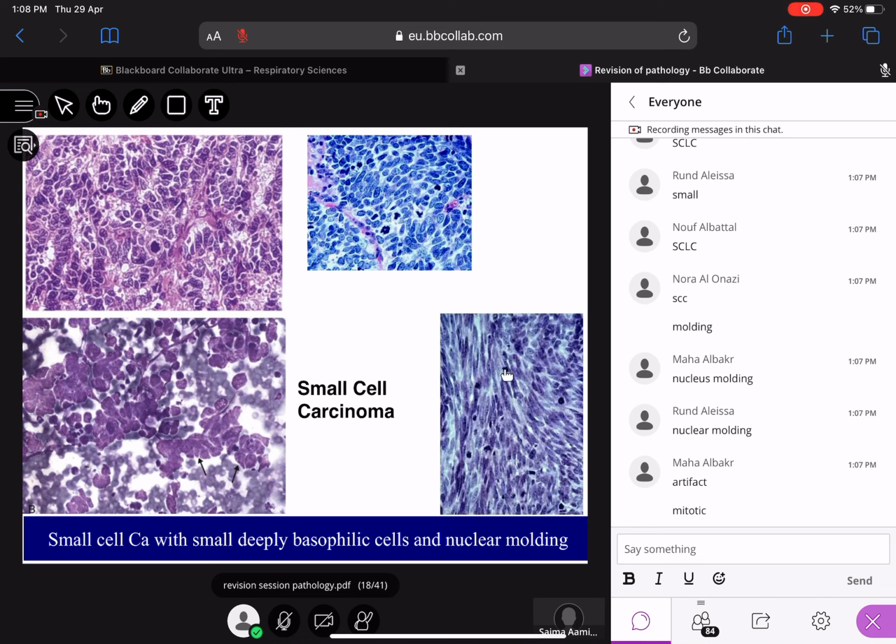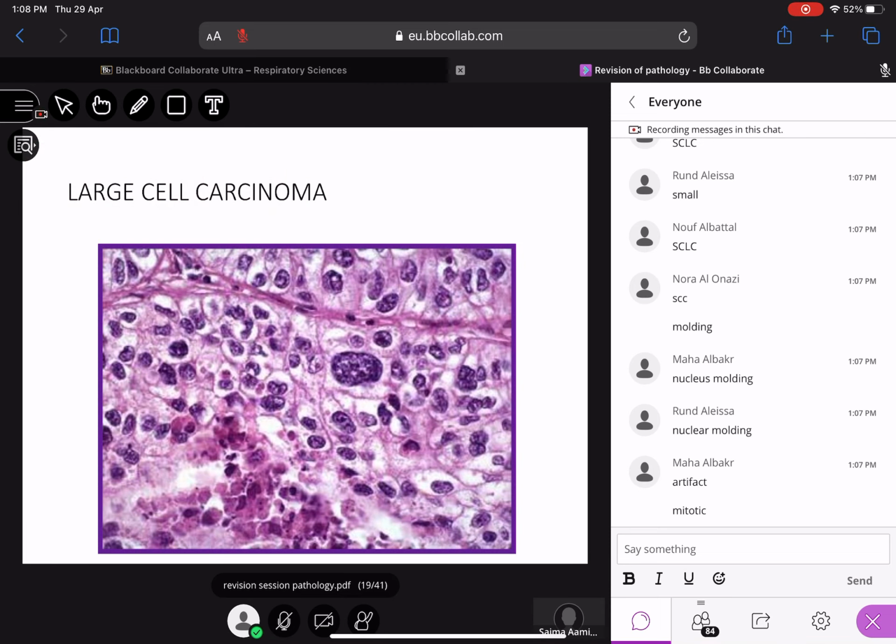They are all abnormal atypical mitosis, and you can see that this tumor is so mitotically active. So cells can be round like this or can be spindle shaped or fusiform like this. So the diagnosis is small cell carcinoma. Again, usually a central lesion and strongly associated with smoking.